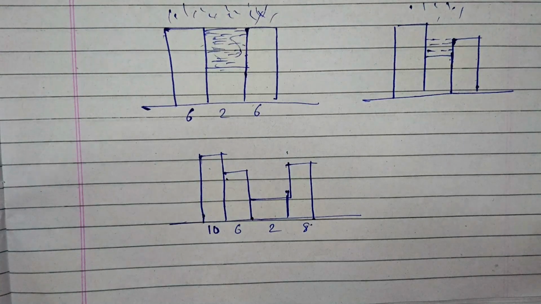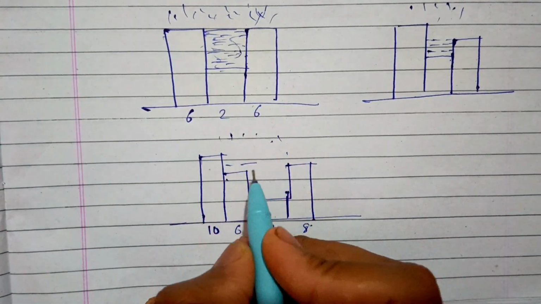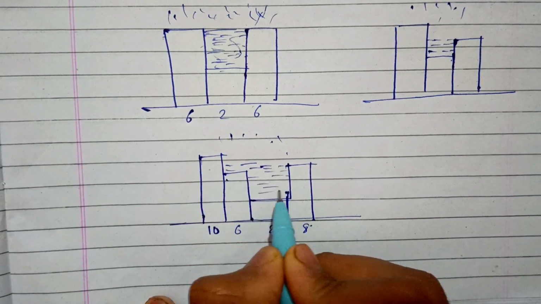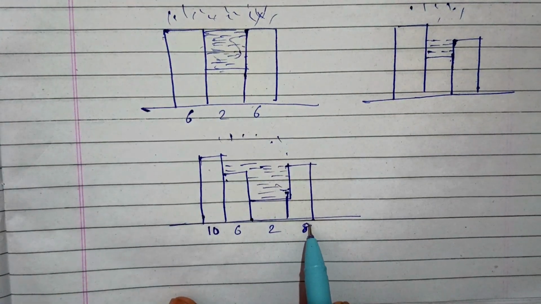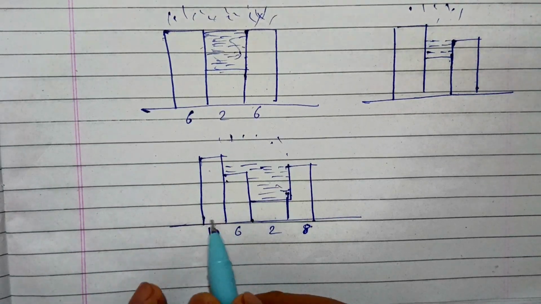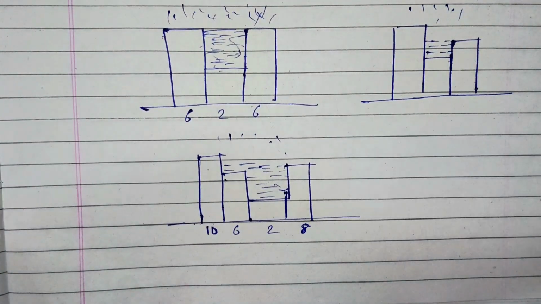If the rain falls on these bars, then the water will trap until this lowest bar only. Here the water will not be trapped because we do not have any boundary.